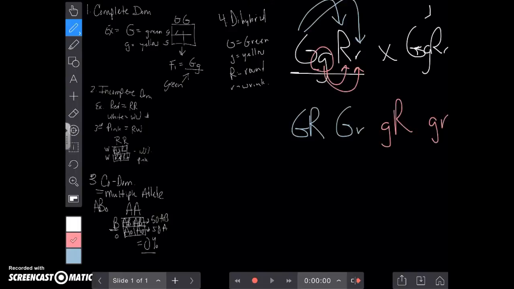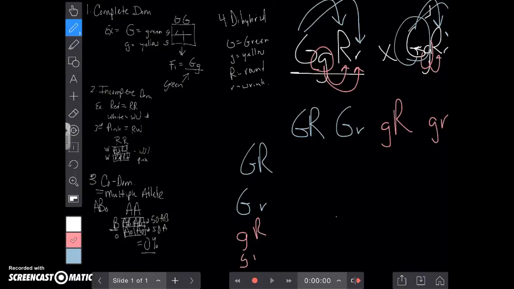I do the exact same thing on this side: big G with the big R, big G with the little r, little g with the big R, and little g with the little r.